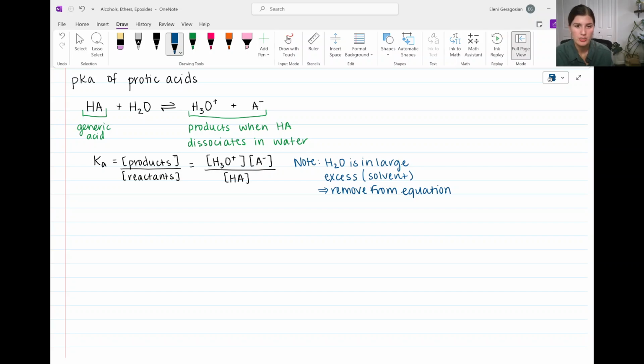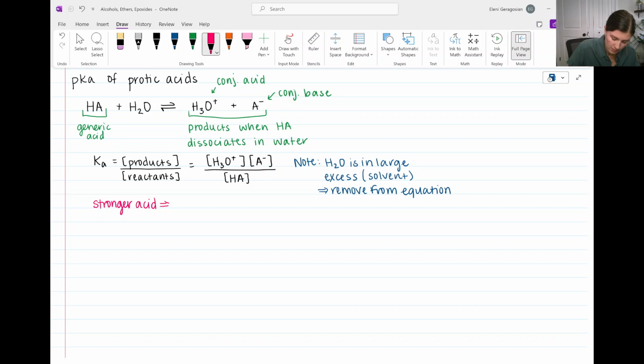So our Ka equation is the concentration of conjugate acid, H3O plus, and conjugate base, A minus, divided by the concentration of the associated acid. And so if we have a strong acid, a strong acid is a molecule that's more willing to give up its hydrogen. Most of the molecules will have given up their hydrogen.